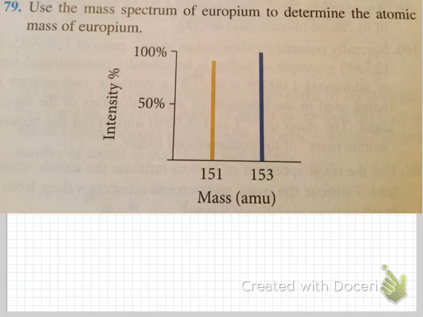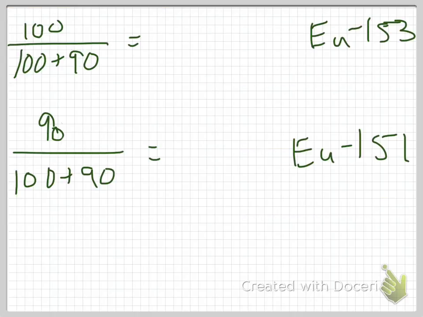Okay, so question 79 says to use the mass spec to determine the atomic mass of europium. So the first thing we're going to do is estimate what this mass spec says. Those values are about 100% and 90%. So those values represent the abundance of our specific isotopes.